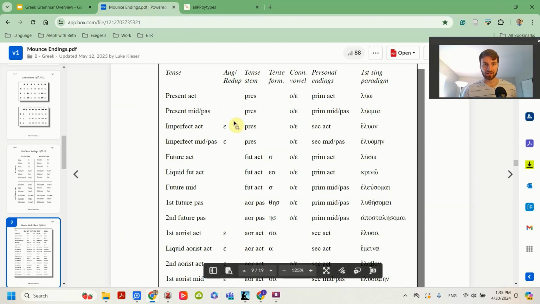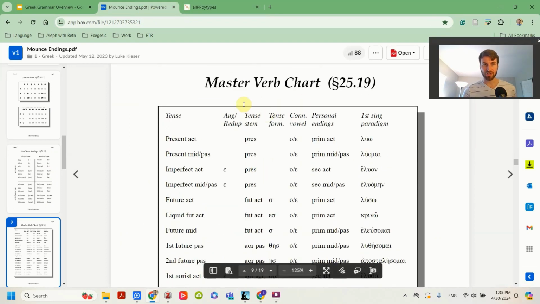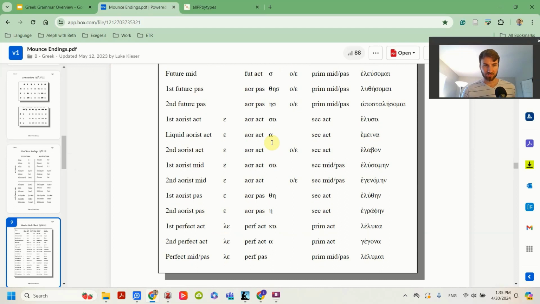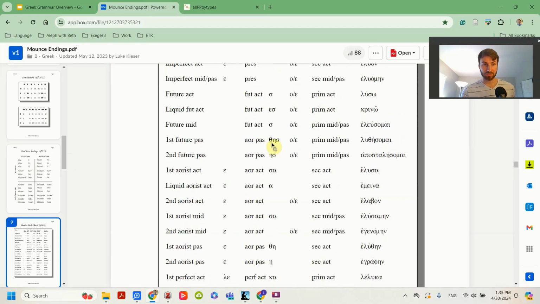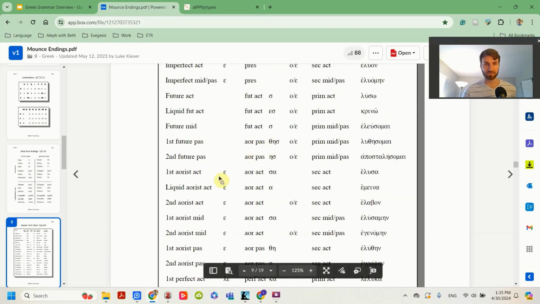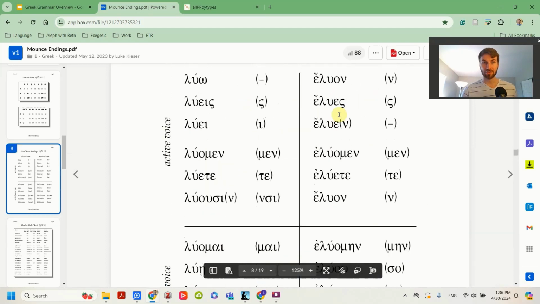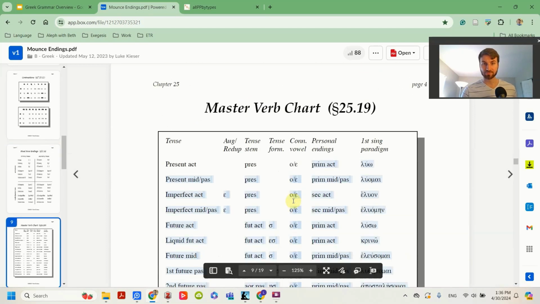So looking at our master verb chart from Mounce, let's scroll down here. We've learned pretty much all of these. Not all of it, like we haven't learned what liquid means and stuff, but most of these should be pretty familiar. Like the present, we use the present tense stem, that's the first column, with the primary active endings. That's this top left.